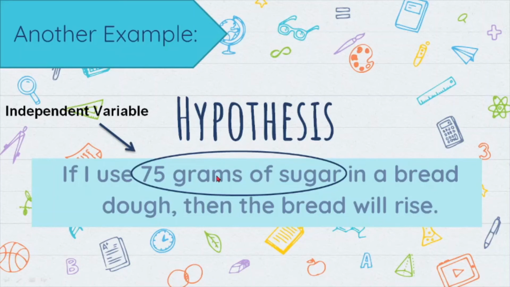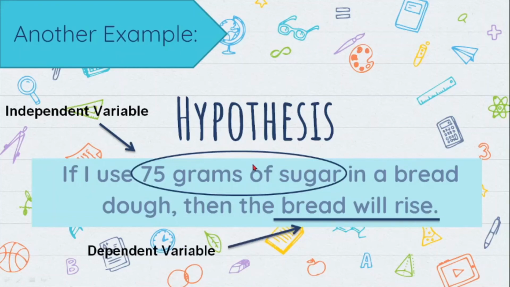Whereas the factor that we want to observe after adding 75 grams of sugar will be the dependent variable, which is the height of the bread as it is being added with the amount of sugar.